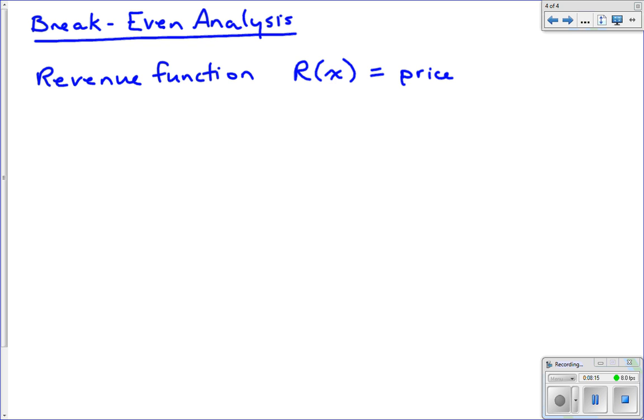The revenue function is the money that comes in. So x really represents the number of units, and it's the price per unit sold. Sorry, that should have been in there earlier. So you take the number of units sold, multiply by their price, and that gives you your revenue function.